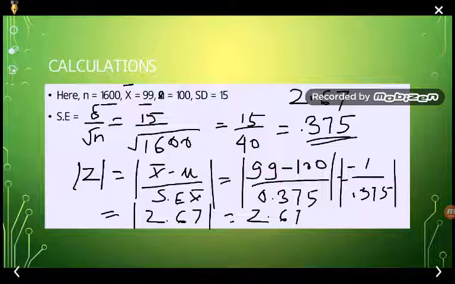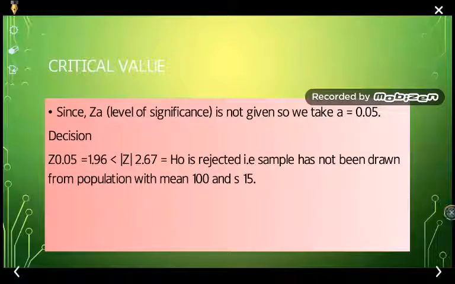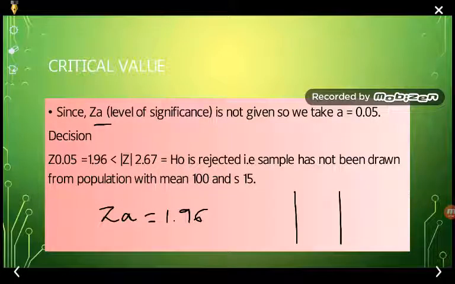Now the critical value. Since the level of significance is not given, we can take 0.05 as the significance value. In the case of the Z test, three levels of significance are given: 1%, 5% and 10%.